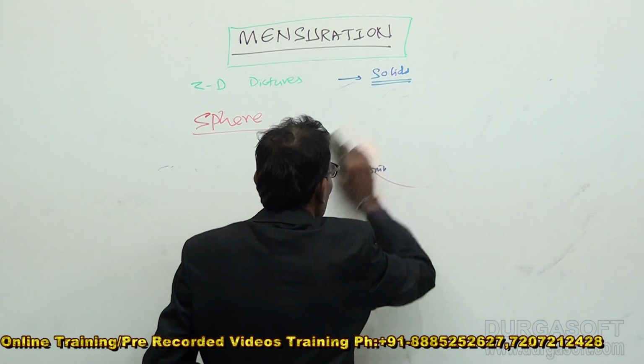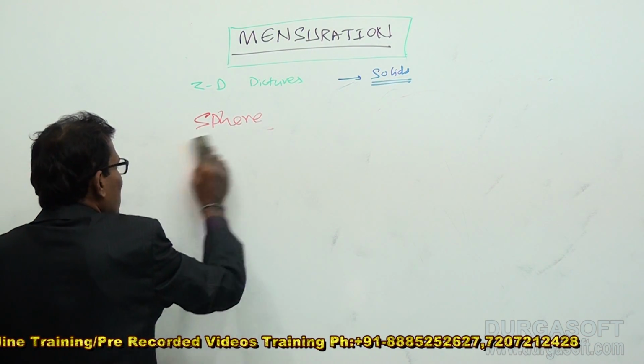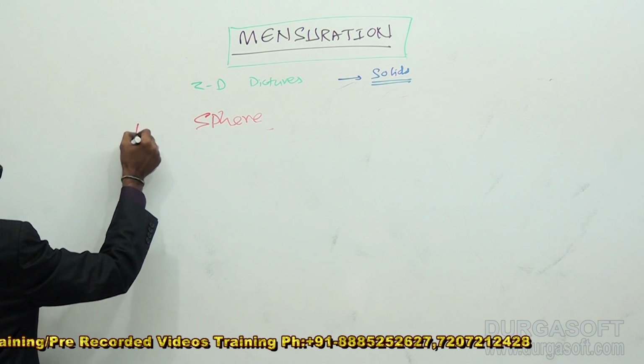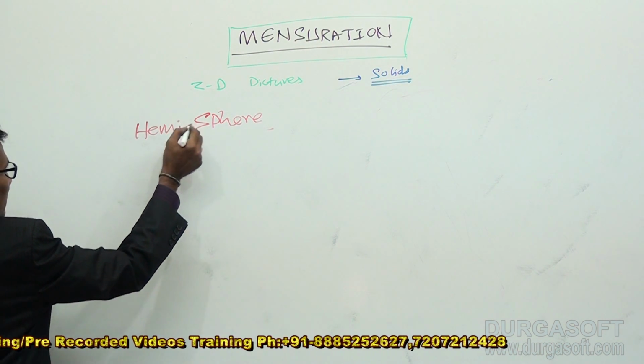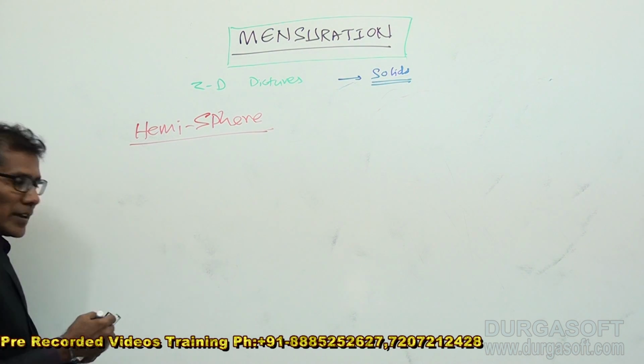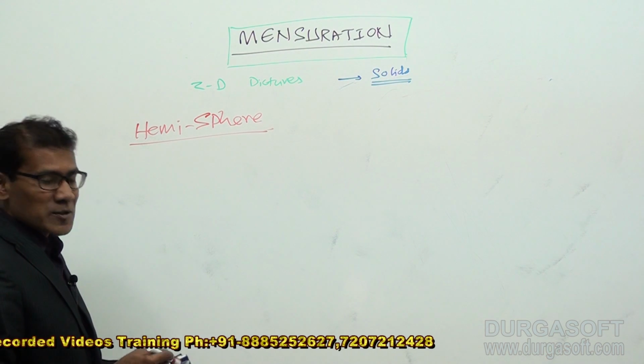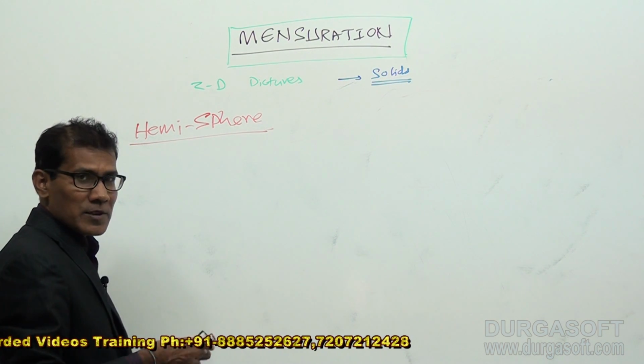And coming to other solid, it is hemisphere. Hemi is half, means half of the sphere. We can call it as semisphere also. Semisphere or hemisphere, both are same.